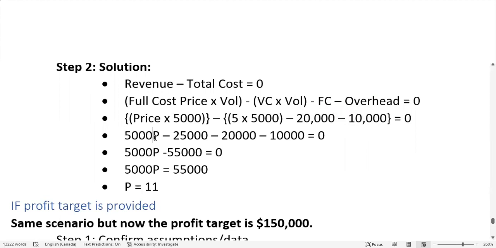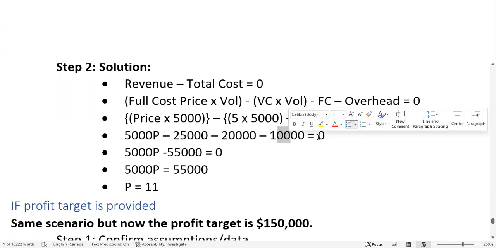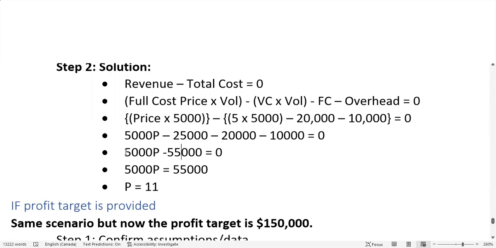Let P represent price, because it makes it easier to write down. So 5,000 P, or if you're comfortable, it doesn't make it wrong, write down 5,000 price. I just prefer to use short symbols, recalling my algebra. So 5,000 P minus the product of 5 times 5,000, which is 25,000, minus 20,000 minus 10,000 equals 0. At this point, you have 5,000 P minus 55,000 equals 0.